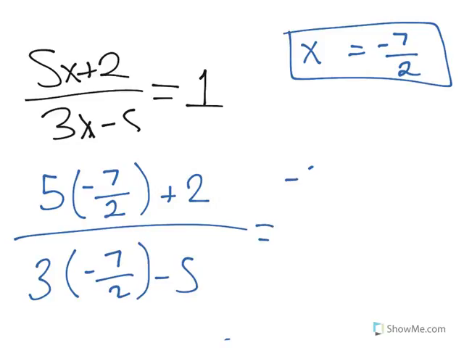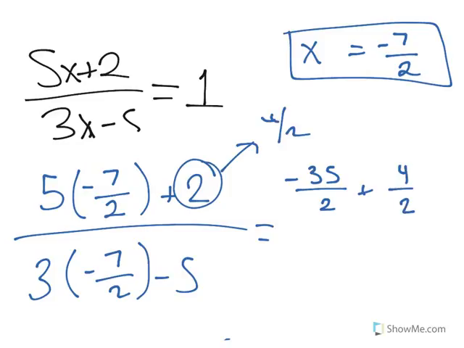So here we get negative 35 over 2 plus, and we can write this as 4 over 2. It's the same thing, but that way we can do this addition easily. We get negative 31 over 2.